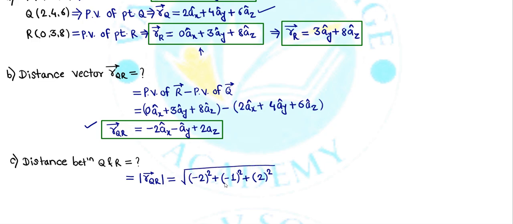So minus 2 squared plus minus 1 squared plus 2 squared. If you simplify that one, you will have the square root of 9. And what is the distance in between those two points, position vector Q and position vector R? We have the magnitude of your given vector RQR equal to 3. So this is your final answer for part C of the numerical.